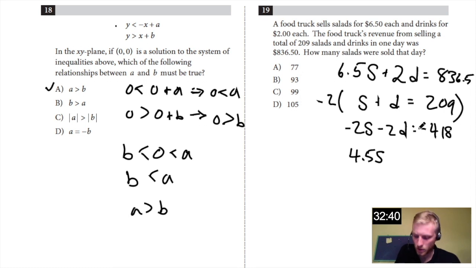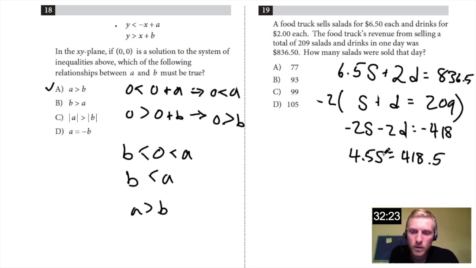Let's do this on the calculator. 836.5 minus 418 leaves 418.5. So 4.5s is equal to 418.5. Good.